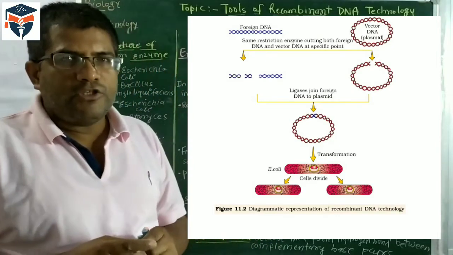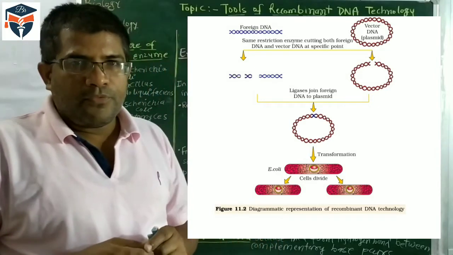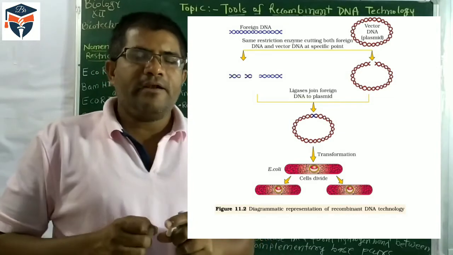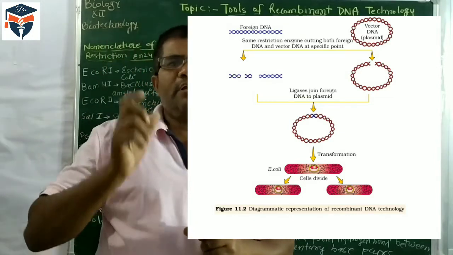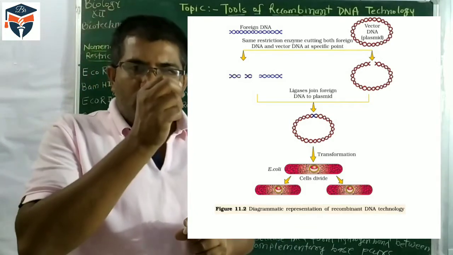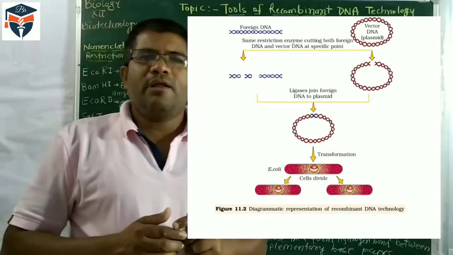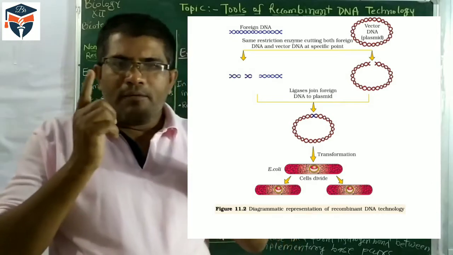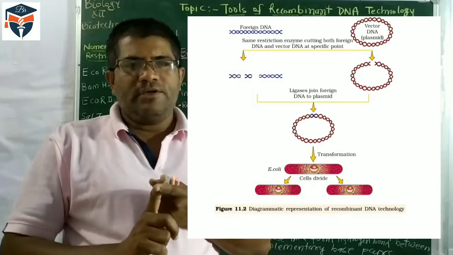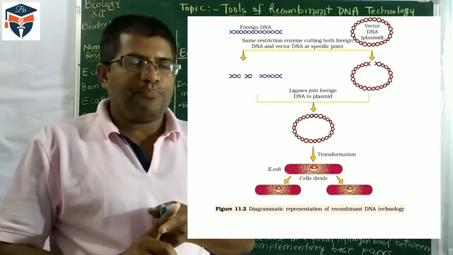recombinant DNA technology. In this technology, there are three important things. In the first step, the foreign DNA is extracted. Similarly, plasmid DNA is also extracted. Now, the foreign DNA and plasmid DNA are cut into small pieces, and a piece of the foreign DNA and the plasmid are joined together with the ligase enzyme.